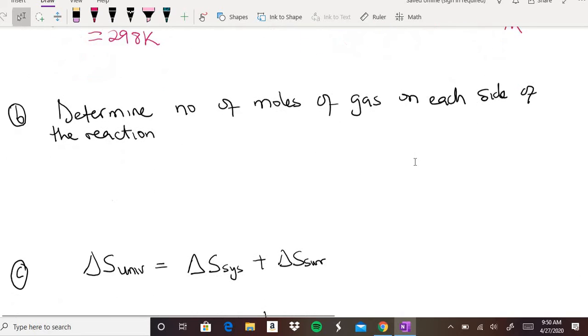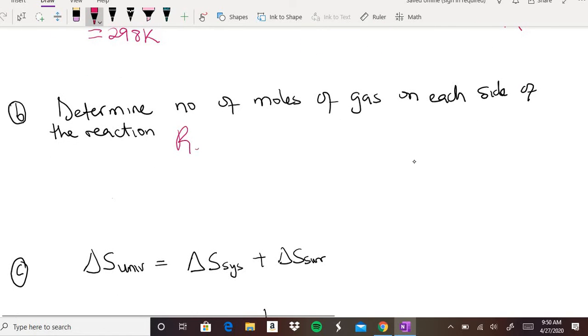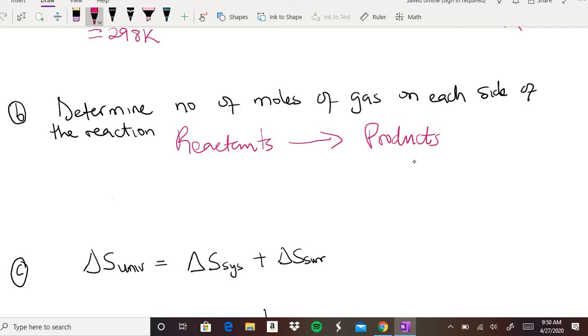So the reactants have 6 moles total and the products have 7 moles in total. We can see that there is an increase in the number of moles of the gas from the reactants to the products. So we can say our delta S in this case is going to be positive.